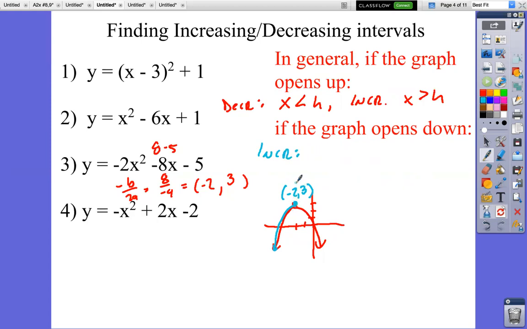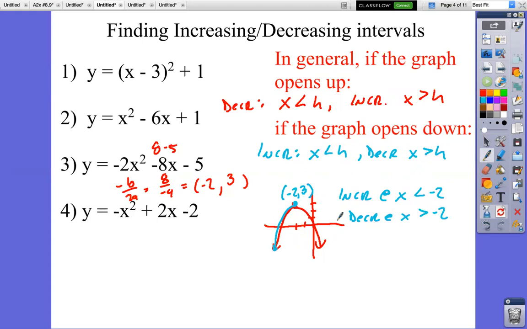On the left side of H, it's increasing, and it's decreasing from the right side of H. So what's my interval where it's increasing? It's increasing here at X is less than -2, and it's decreasing from X is greater than -2, and that's it.